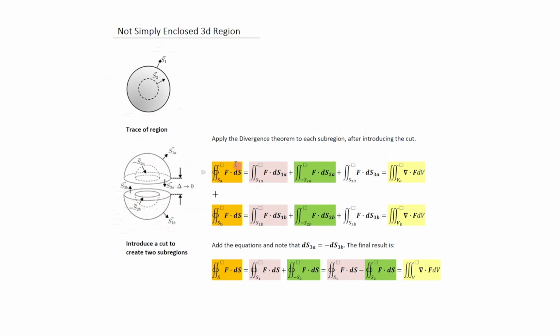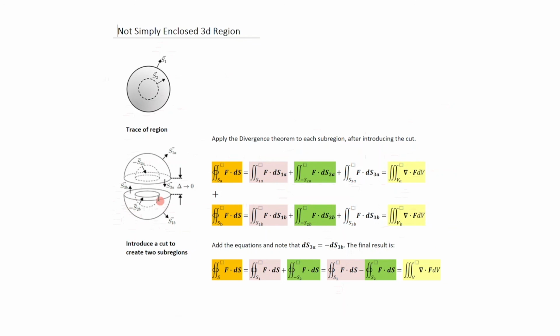All right, so what you do is apply the divergence theorem to each sub-region after introducing the cut. For the top, this is the divergence theorem for the top part, and this is the divergence theorem for the bottom part. Now we add these two equations together, and you realize that S3A is equal to minus S3B.